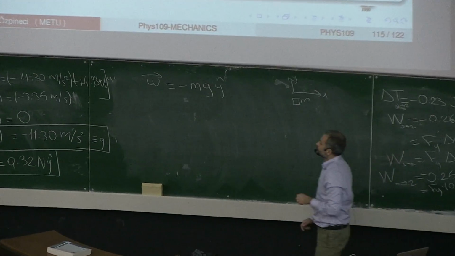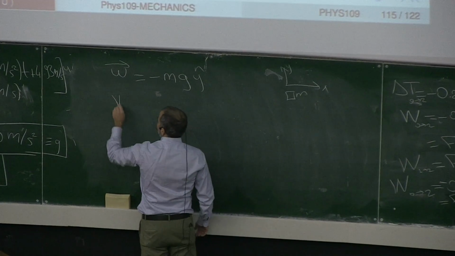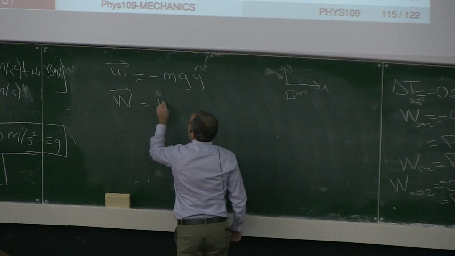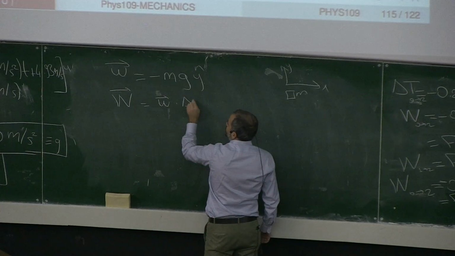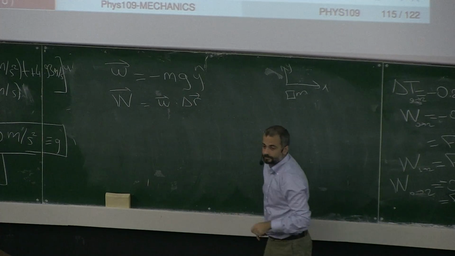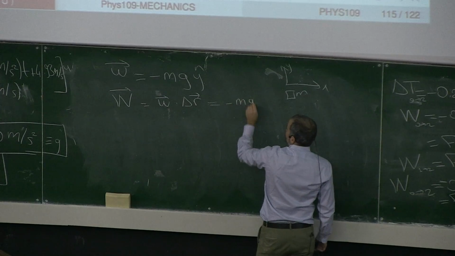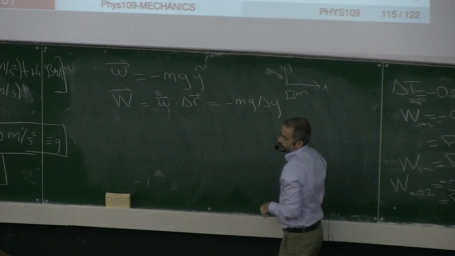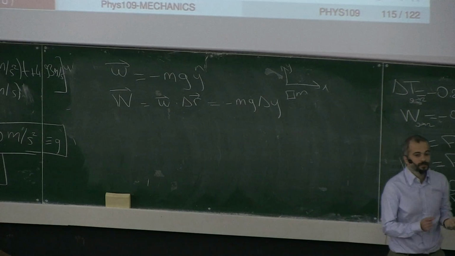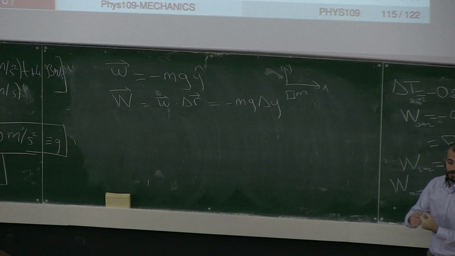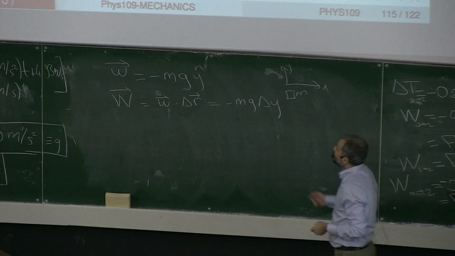The work done by this weight, omega delta r, was nothing but minus mg times delta y, independent of whether the motion is a very small displacement or a very large displacement.